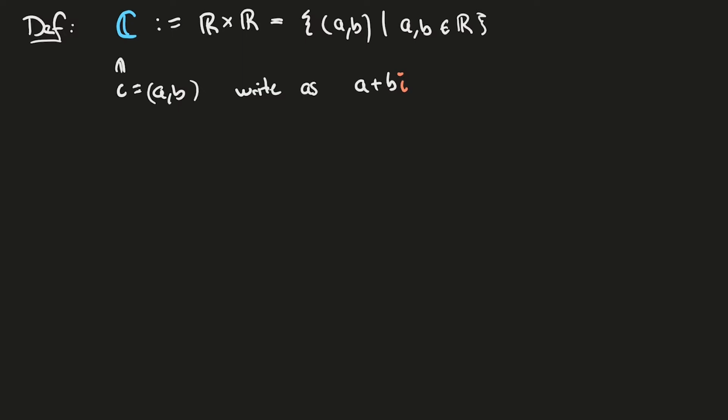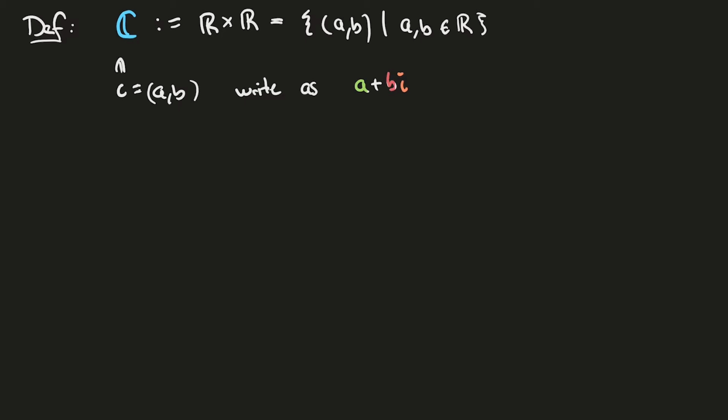So the i formally just serves as a dummy variable to allow us to distinguish which of the two numbers a and b is in the second position of the ordered pair. However, it'll be extremely useful to have this sum notation when we do arithmetic with the complex numbers. And so we call a the real part of the complex number, and we call b the imaginary part of the complex number.